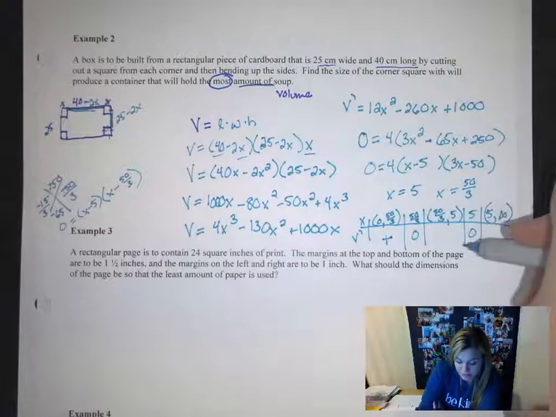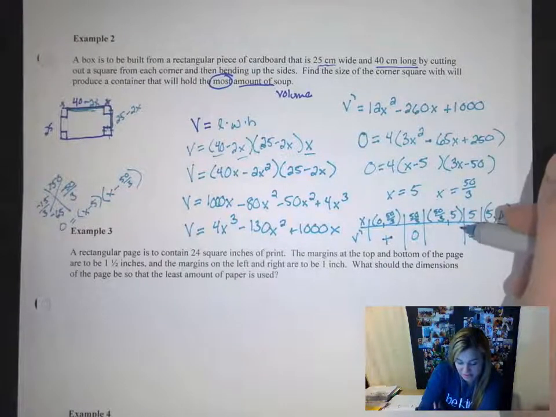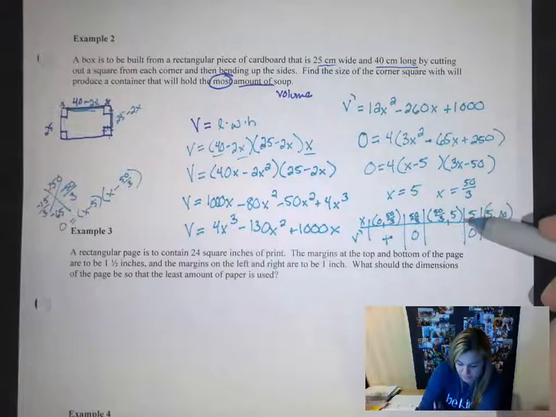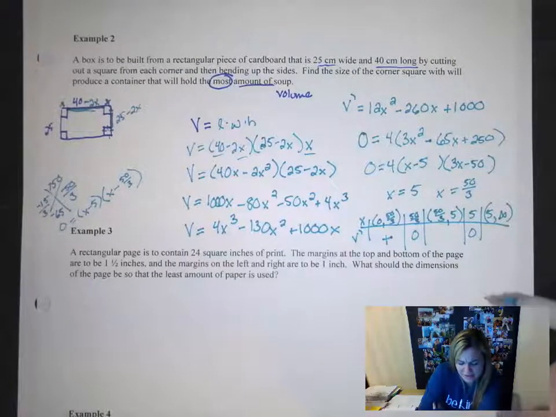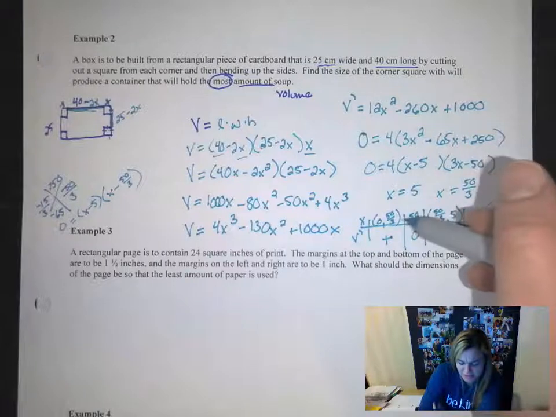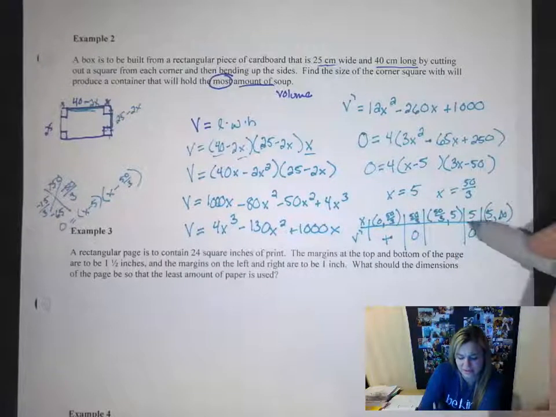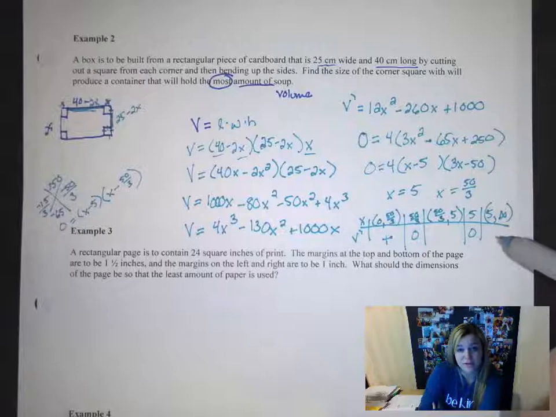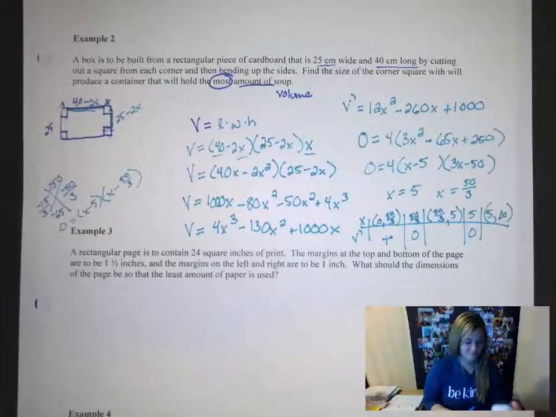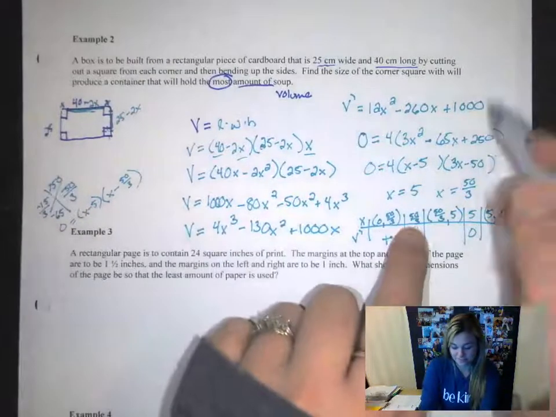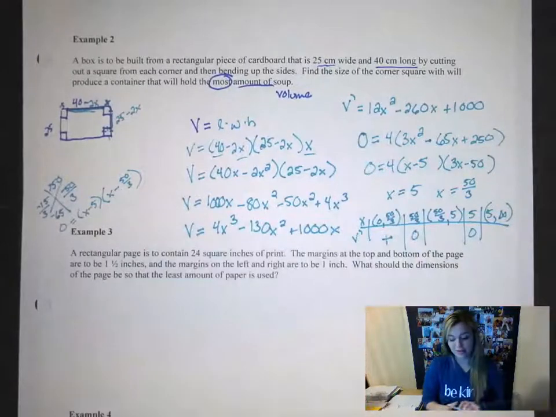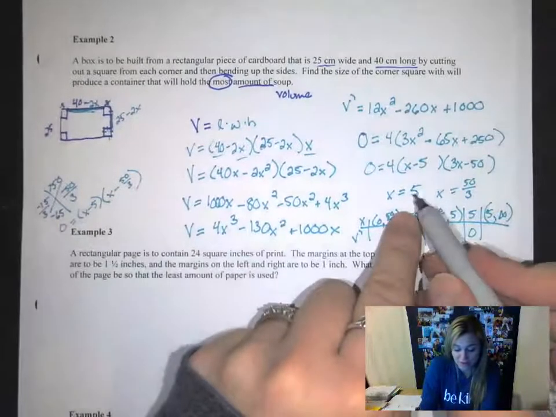A number between 50 over 3 and 5. Let's pick... oh man, did I just mess this up? I just said 50 over 3 was like 16 point something, and then I went to 5. Hold on, let's go back. Okay, let's try this again. So I've got these two numbers.